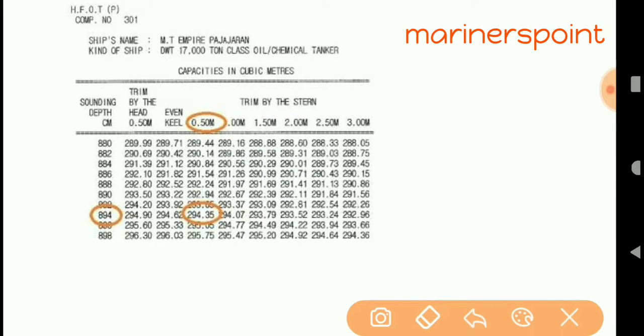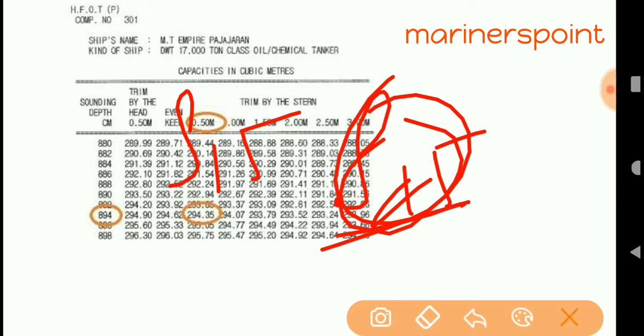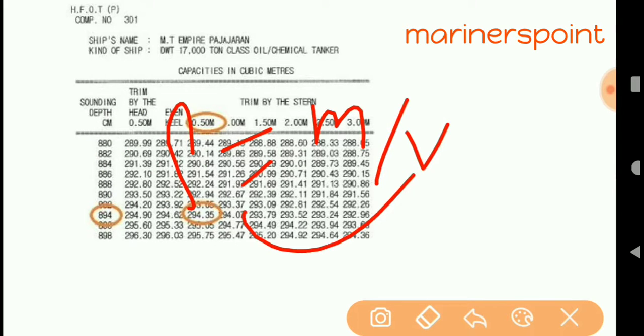For this, we know density at 15 degrees Celsius, then we find density at pumping or at the particular temperature. Then we calculate volume, and using this volume we take the sounding table and we get centimeter. Okay, and this is all about bunker.